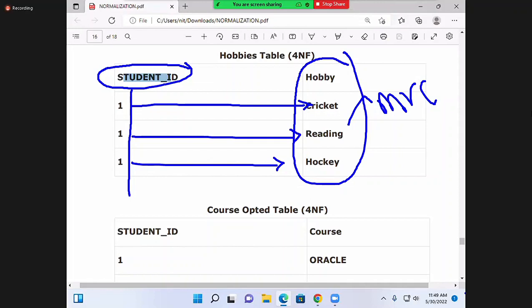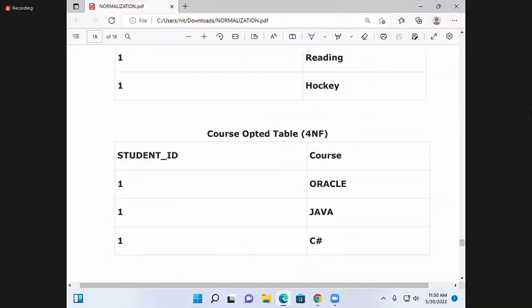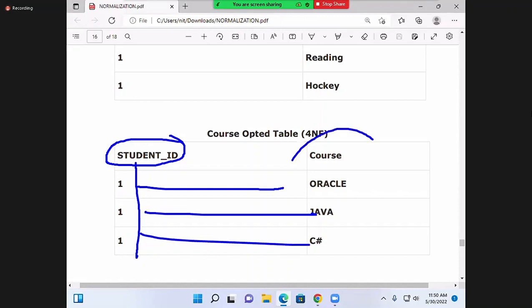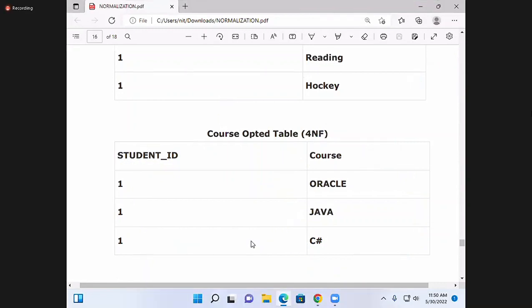One will be satisfied, but more than one will not be. So this table comes under fourth normal form, satisfied. The same goes for the course table: the same value is matched with multiple values of another column. This is also a multi-valued column, but how many are there in this table? Only one. That's why this also comes under fourth normal form.